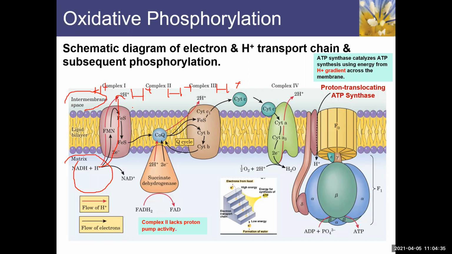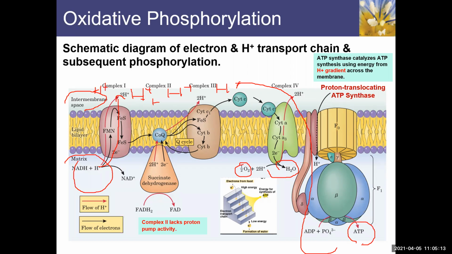As a result, at the end, we will have a high concentration of protons over here. So you can say that the proton gradient will be established in the intermembrane space. Then the final acceptor of the electron will be the oxygen, which will produce water. At the same time, these protons will go down their concentration gradient, and at the end we will have the ATP produced.